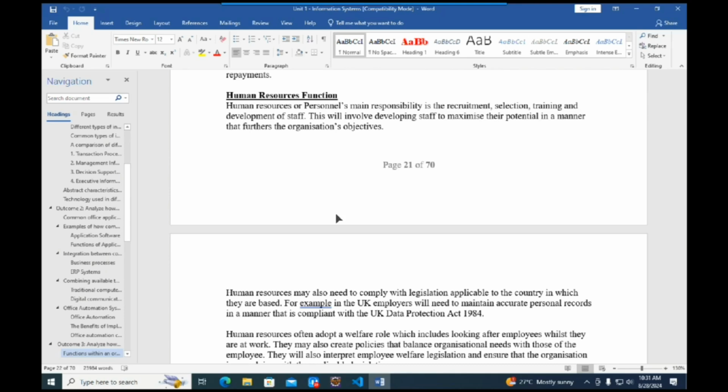So the human resource focuses majorly on recruitment, selecting staff, training staff, and the development of the staff in that particular organization. So this could involve developing the staff to make sure that there's maximization of their potential in a manner that is going to cater for the achievement of the organization's objectives.